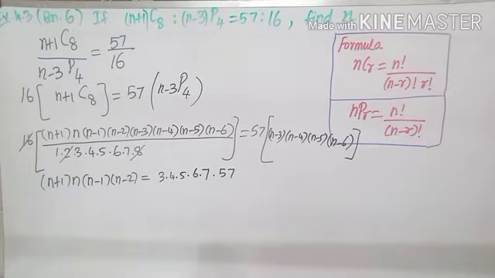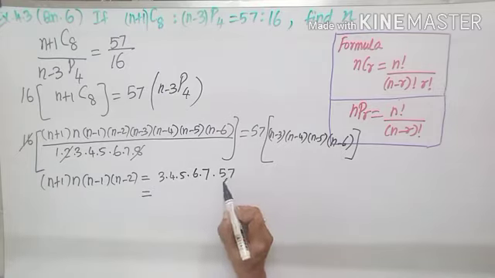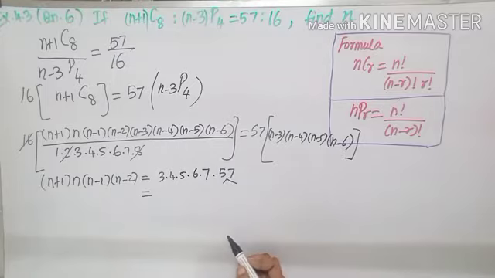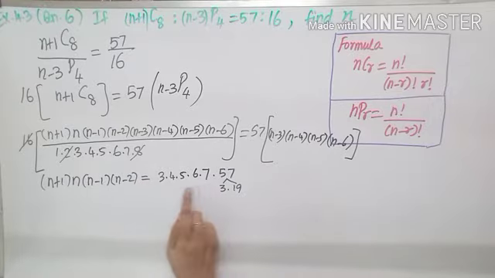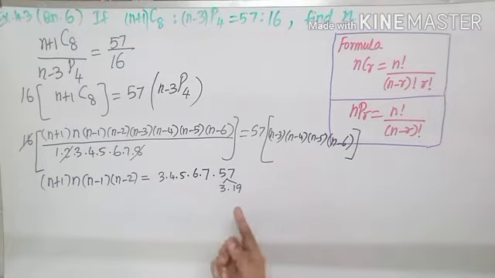Now, in the previous exercise we did a problem like this: 4 consecutive numbers. The RHS we try to write as 4 consecutive numbers. For that, try to factorize. 57 can be written as 3 into 19. So I will try to write the numbers near 19, either the previous number or the next number.